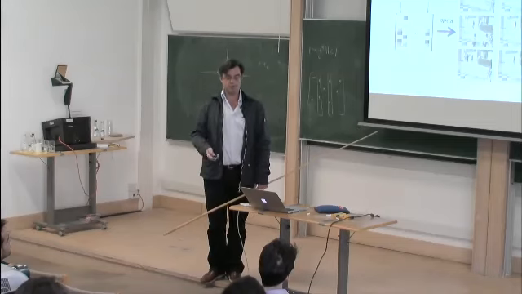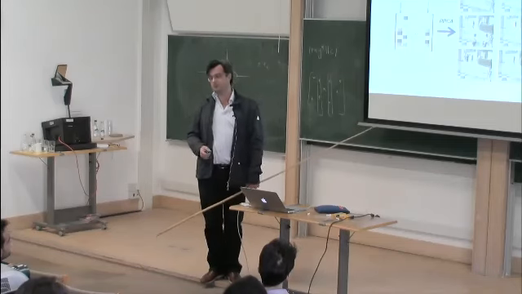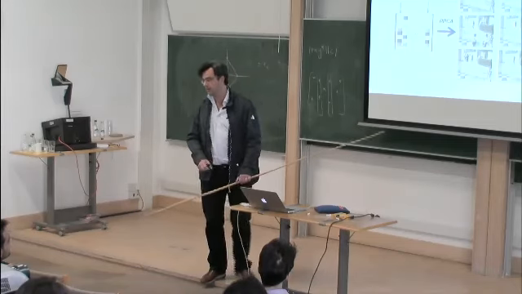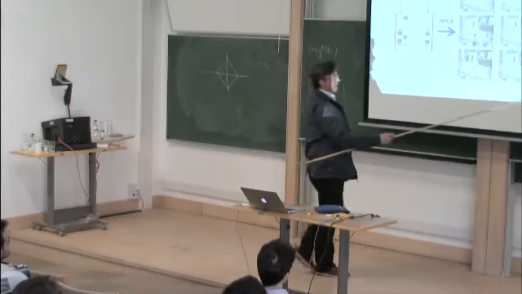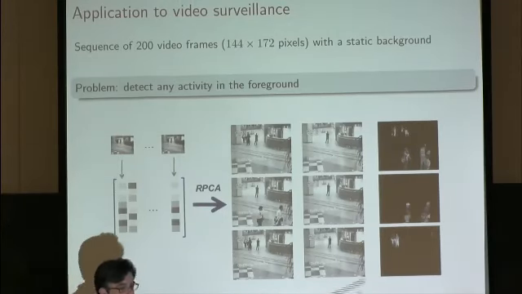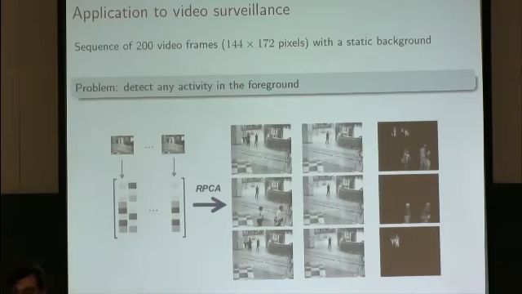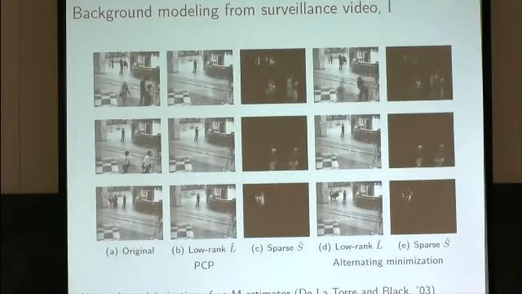First of all, note that for this problem, the assumptions of the theorem do not apply because the people who move about the low-rank background, it's certainly true that their entries of the sparse component are not randomly sampled. They are highly structured, in fact, because they are contiguous. But nevertheless, it's not going to stop us from applying this thing. And when we apply it, it seems to work very well.